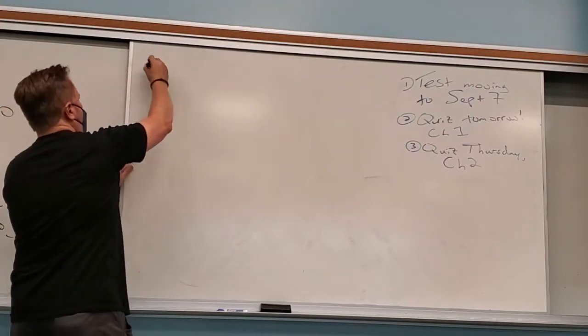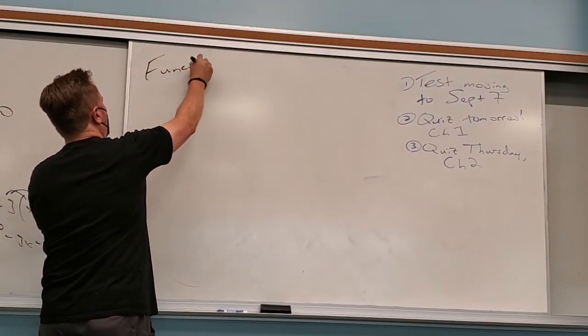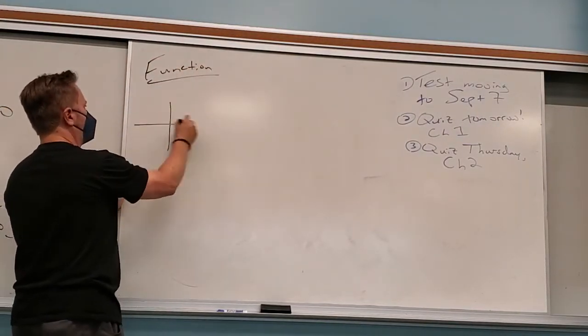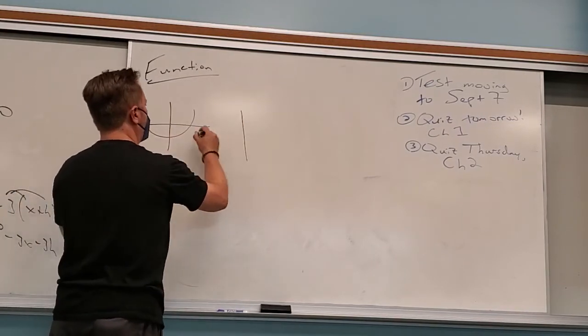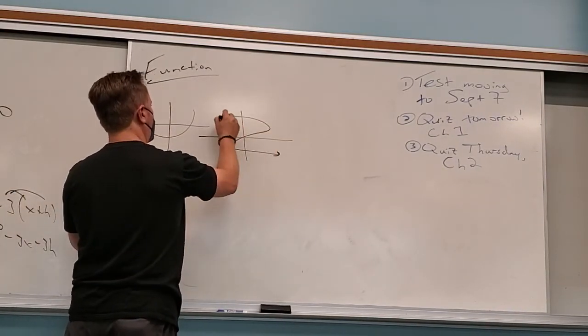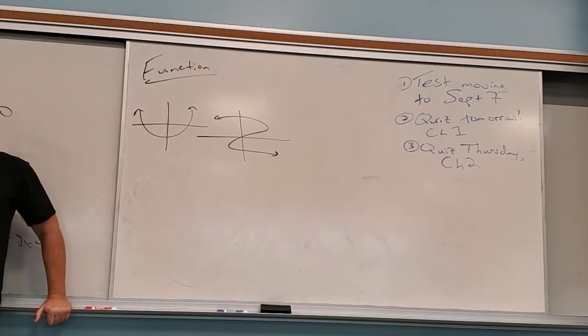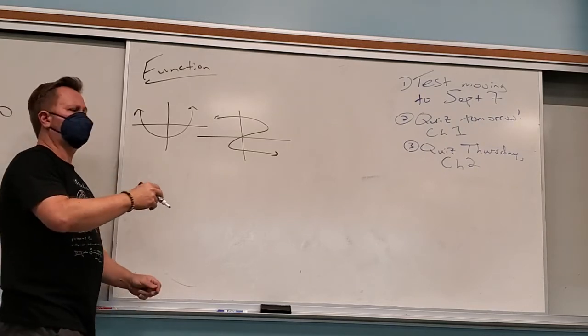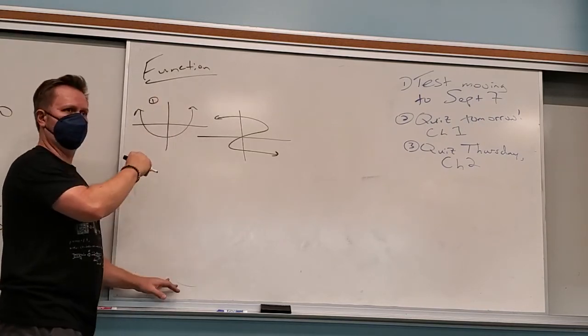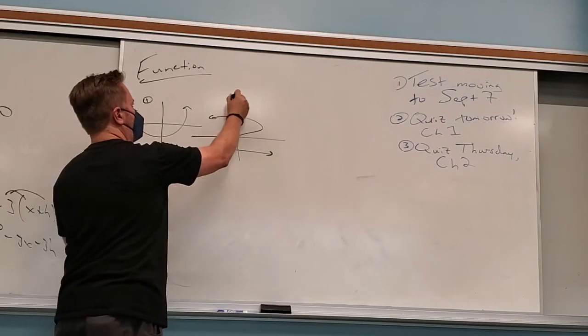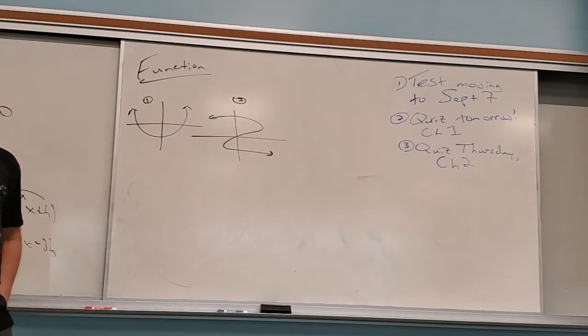I don't know if anybody remembers. Let me show you some graphs. So one of these two things is not a function. Any idea which one? First or second? The first one is a function. The second one is not. Does anyone remember why the second one is not a function?